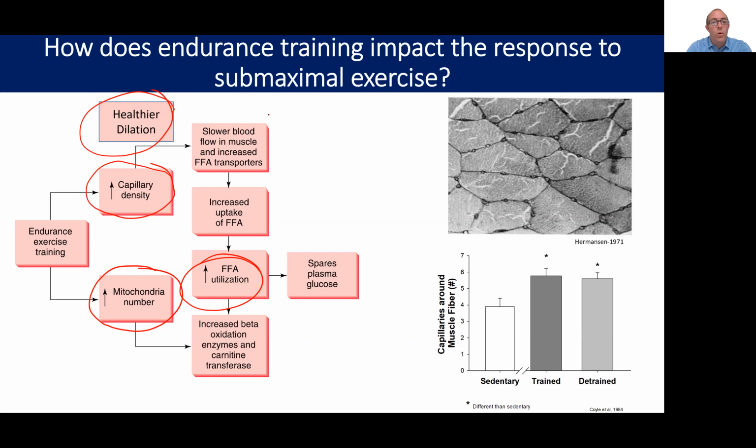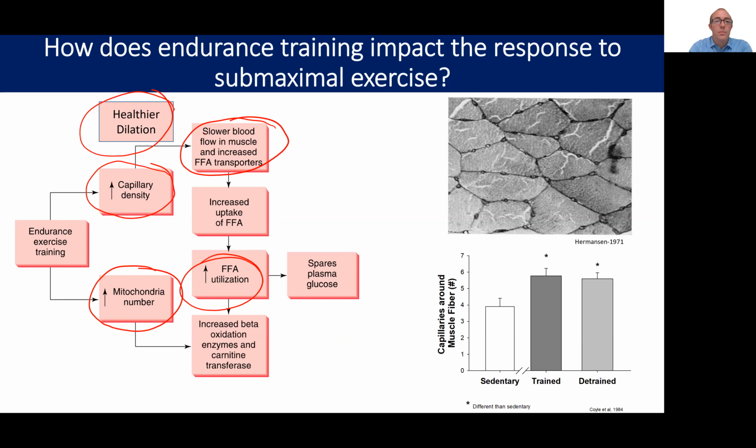get more blood flowing to the muscle, and with the greater amount of capillaries, it actually slows the blood flow down. Think about a river. When a river gets in a really narrow spot, the water's going very quickly. You get the rapids. But if it's spread out over a big distance, the water slows down. Same idea with your capillaries. The more capillaries you have, the blood is spread out across a bigger distance.